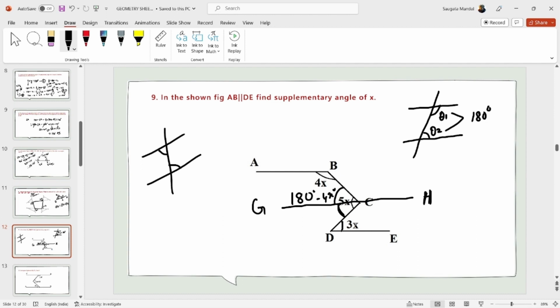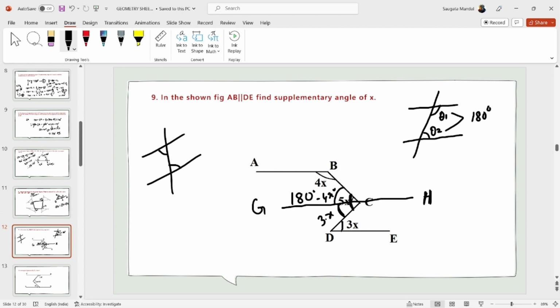So if the angle at D is 3x degree, then this must be 3x degree. And in the given figure, the total angle of these is 5x degree, and individually the value of this part is 180 degree minus 4x degree and the value of this part is 3x degree. So we can easily write the equation.